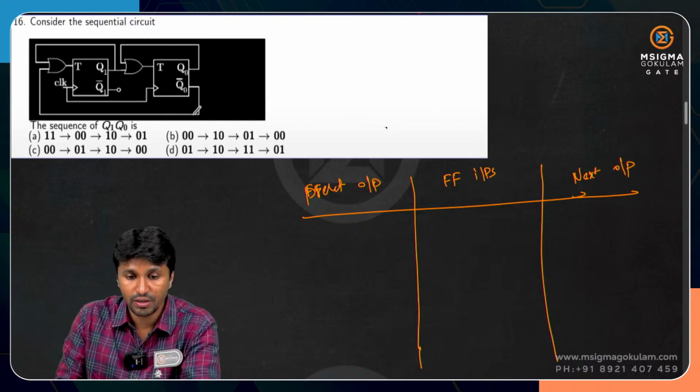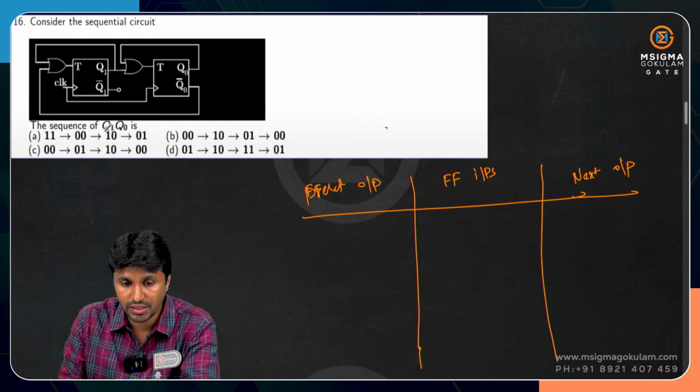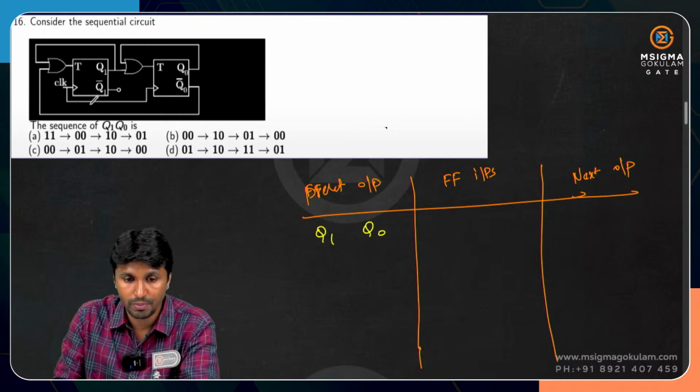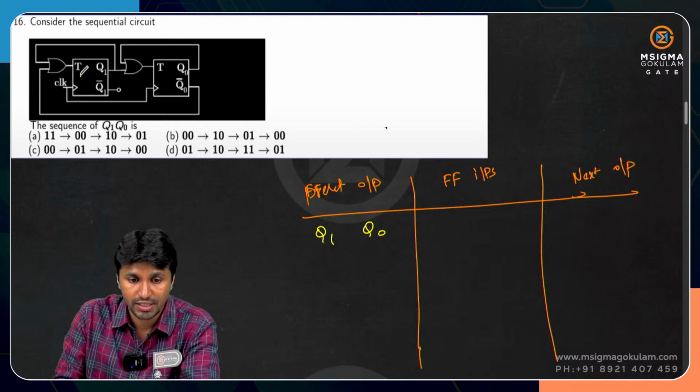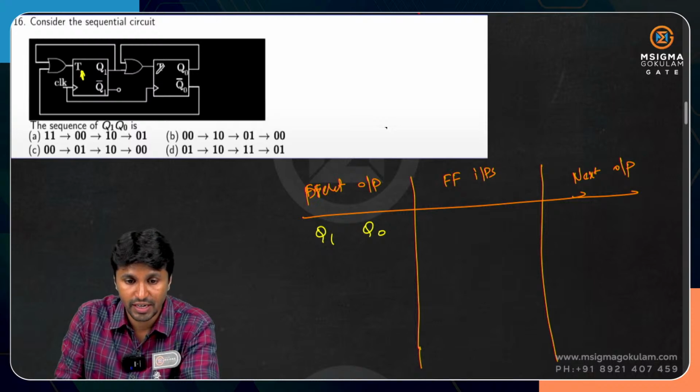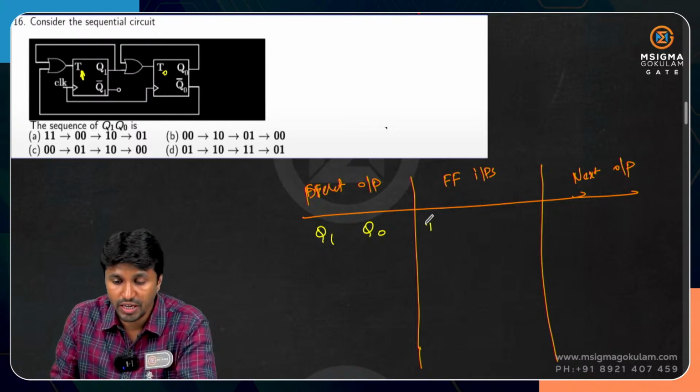Look at this one, you have to get the sequence in this order, Q1 and Q0. This is Q1 Q0 and the flip-flop inputs, which I'll call T1 and T0. What is T1?